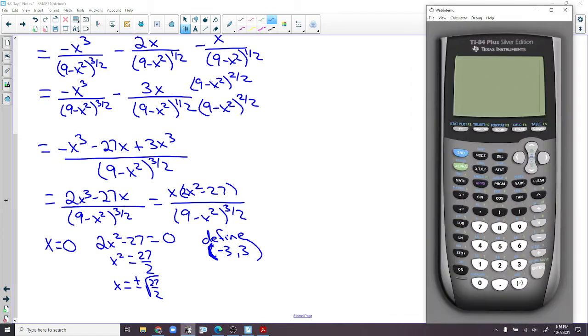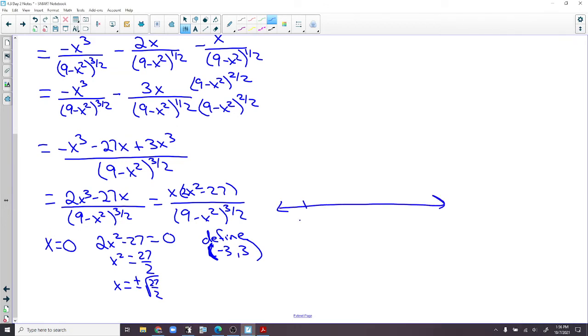But here's kind of something strange about this one. If you take the square root of 27 divided by 2, you get some extraneous answers. So we can't use these because it's outside of the domain anyway. So the only possible point of inflection is at 0. So now if we go -3, 0, and 3, we're really only checking 0, so we can test -1 and 1.